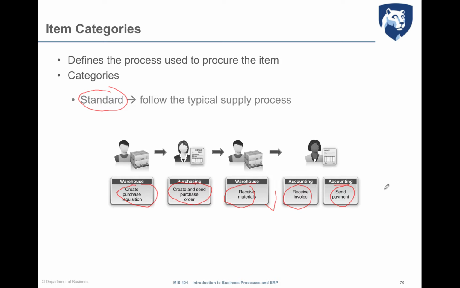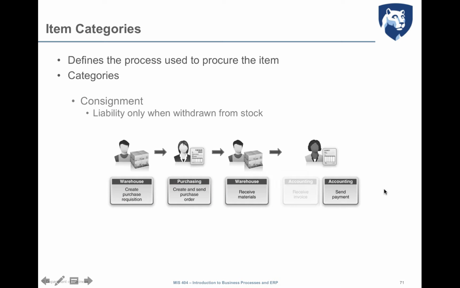the supplier. However, let's make the hypothesis that we don't deal with standard material, but we deal with material called on consignment. For material called on consignment, there is liability only when this material is withdrawn from stock, because before this the material is still property of the supplier.